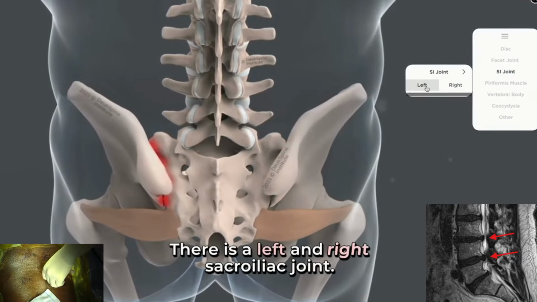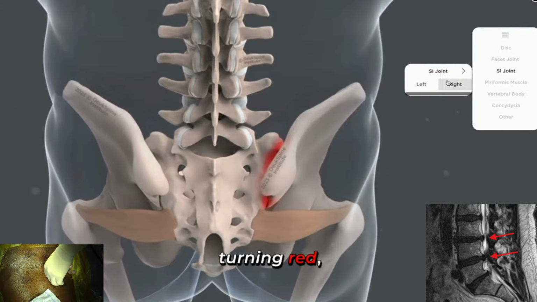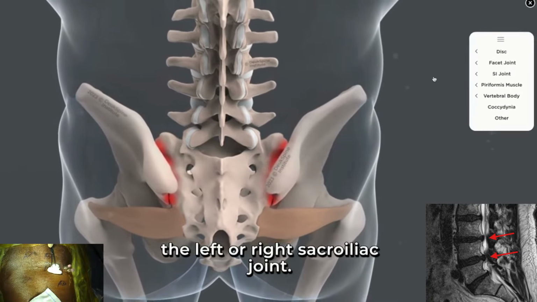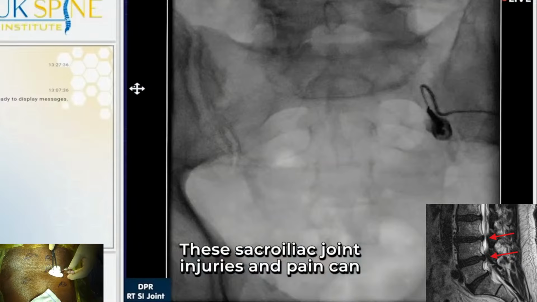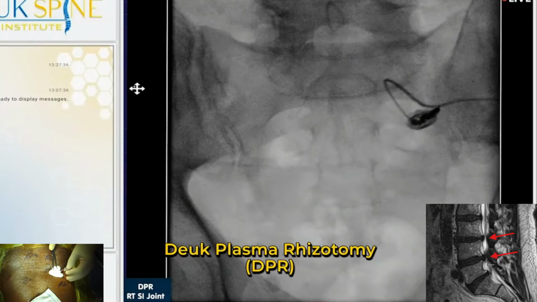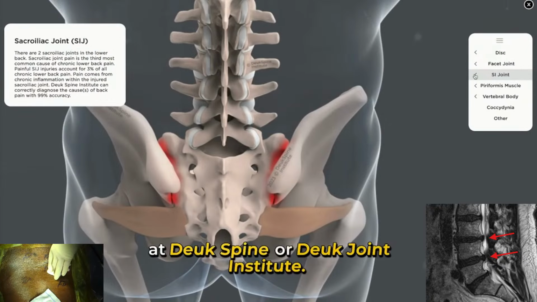There is a left and right sacroiliac joint. In this diagram, you can see the joints turning red, indicating inflammation and pain in the left or right sacroiliac joint. These injuries can be treated most effectively with the Duke plasma rhizotomy of the SI joints offered at Duke Spine or Duke Joint Institute.